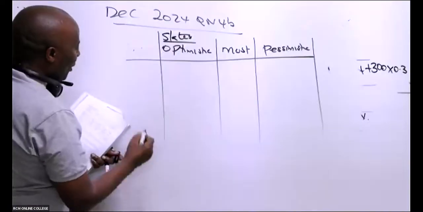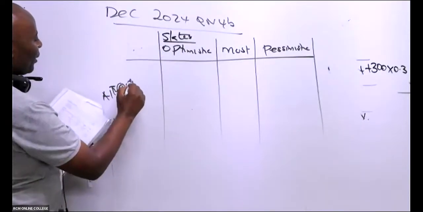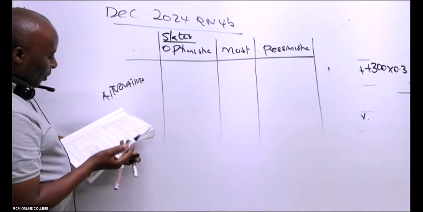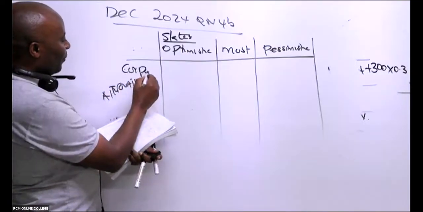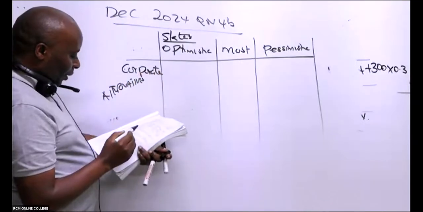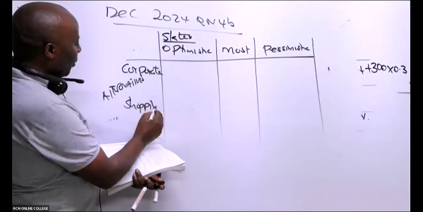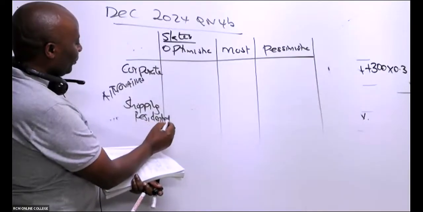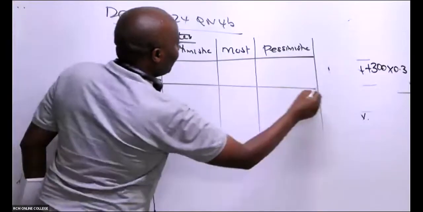And then now you come and put your decision alternatives here. And we are going to decide between those shopping malls, isn't it? Yeah, we have in this case here corporate. Then we have shopping. And then what here? Residential. Then we have residential like that.